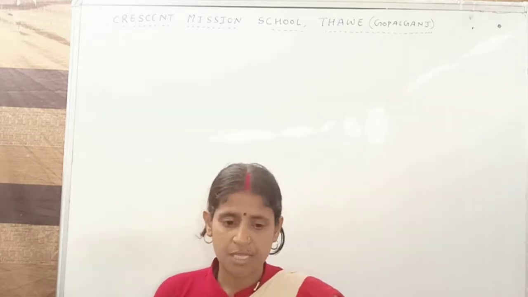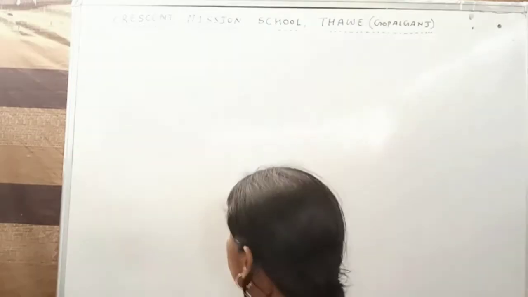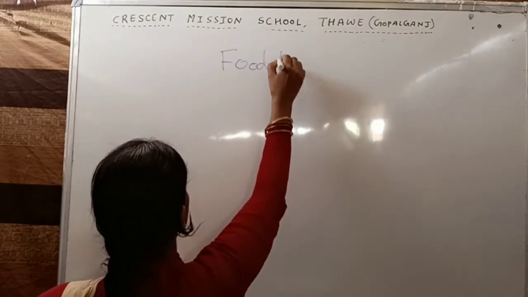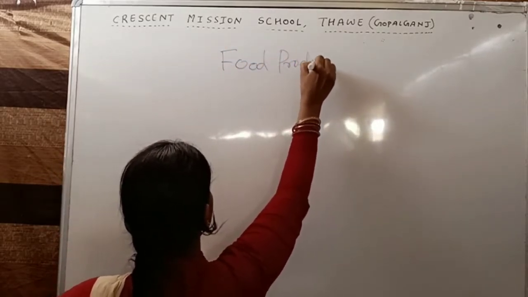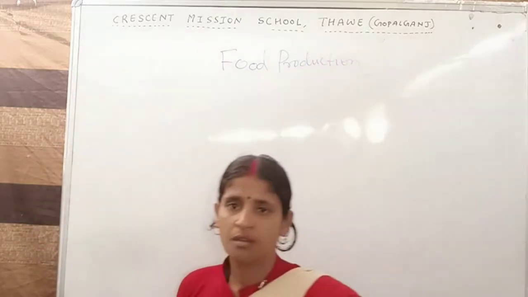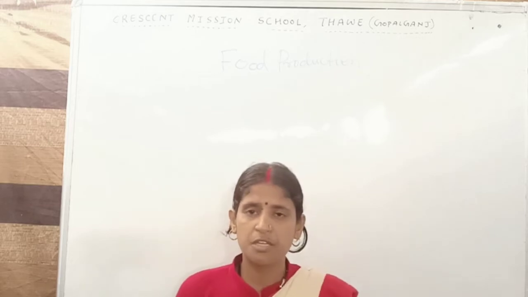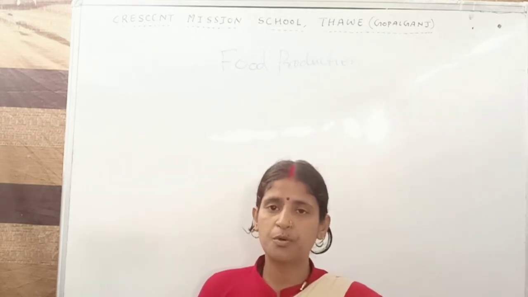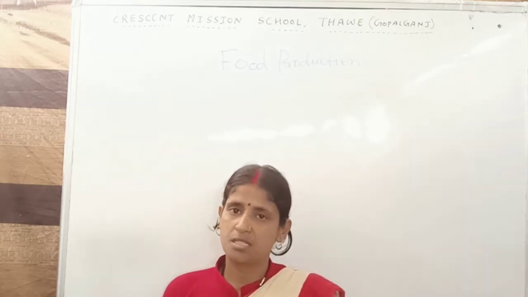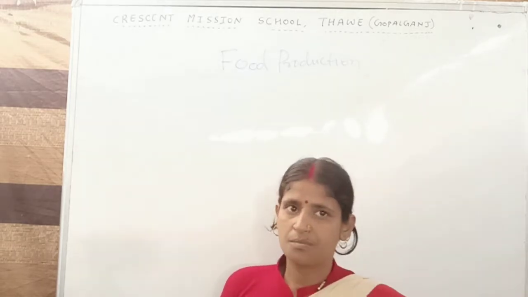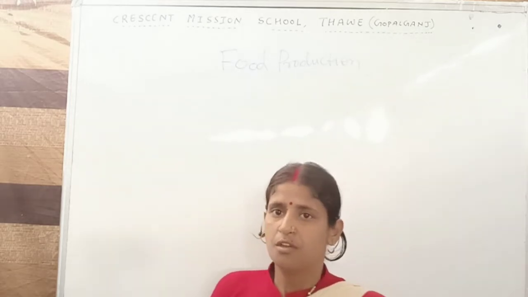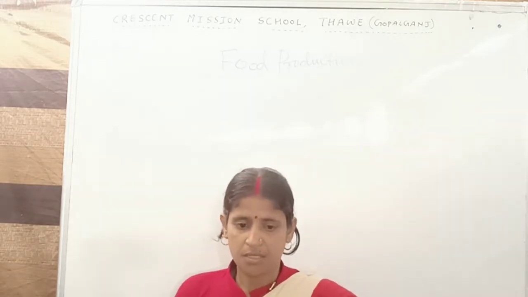The first chapter of the science book is food production. First of all, we know how we produce our food. We get our food from plants and animals. Some of our food items come from plants and some from animals.